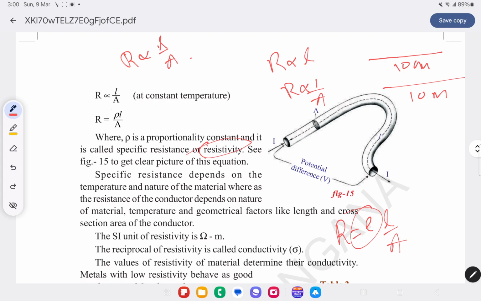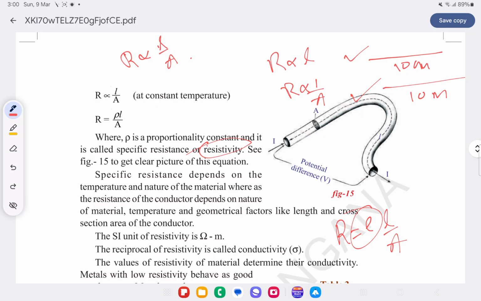Both conductors are made up of iron, but one is 10 centimeter, one is 10 meter. If I find resistance, first one's resistance will be lower than the second one. But if I find out resistivity, both conductors will have the same, because they are of the same material. Right? So resistivity is the property of the material.